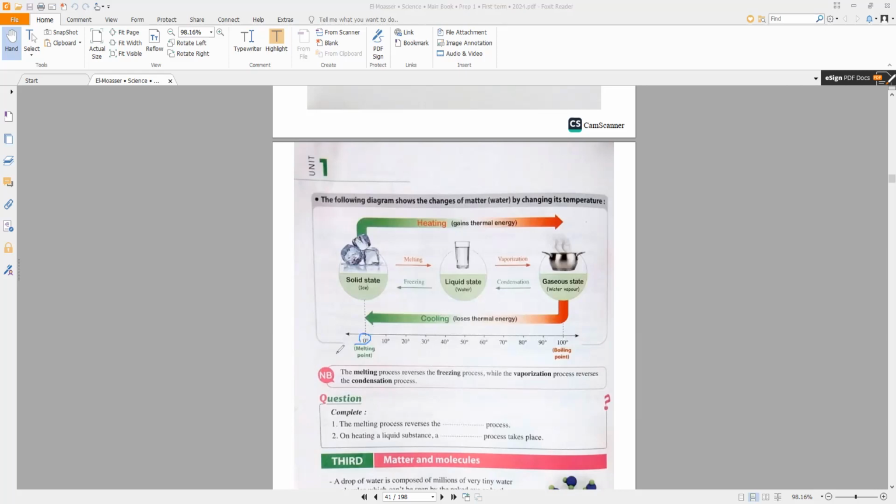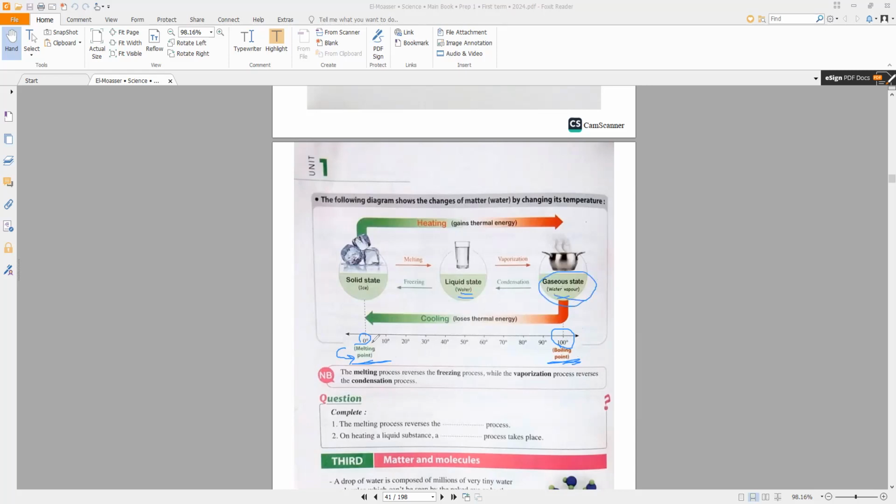0 degrees Celsius, it is the melting point. At the melting point, a solid state changes to liquid state. 100 degrees Celsius is called the boiling point. So what is the boiling point of water? 100 degrees Celsius. At boiling point, the water changes into water vapor.